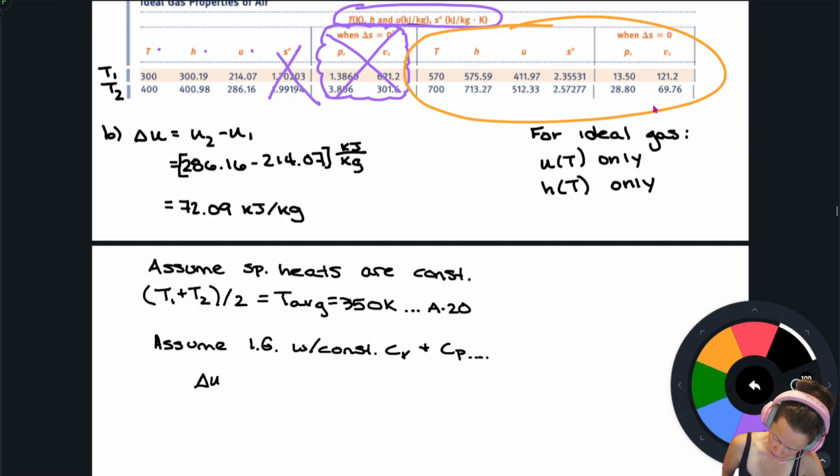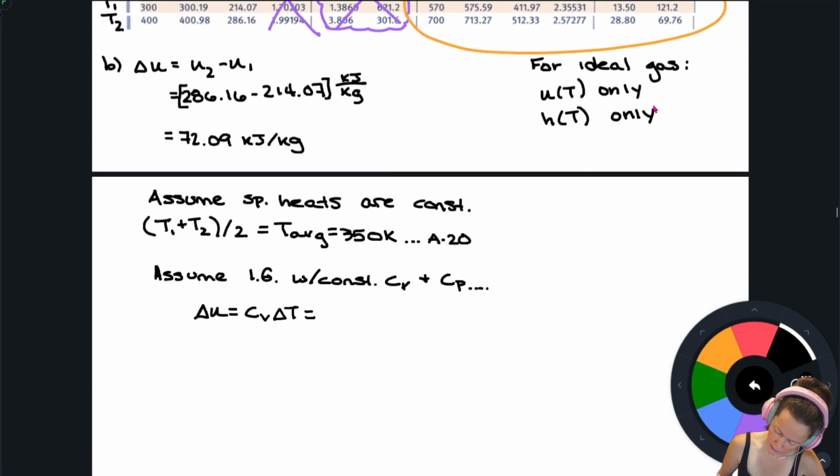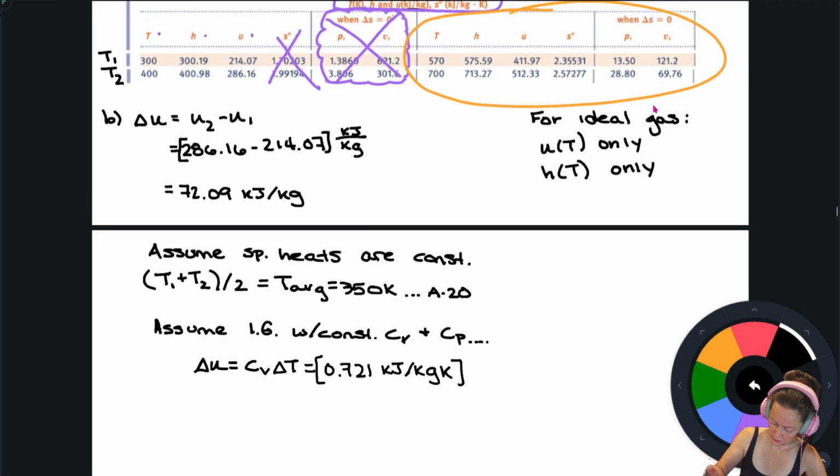So our delta U is going to be approximated by CV delta T. All right, what's our CV? Our CV is 0.721 kilojoules per kilogram K. And our delta T is going to be T2 minus T1, 400 minus 300, so 100 Kelvin.